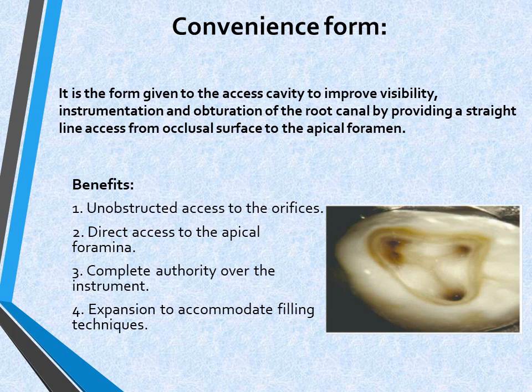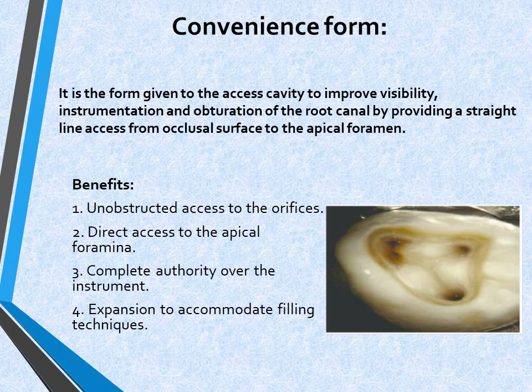So obviously if you are dealing with a tooth which has an apical curvature, you will not be able to gain direct access till the apical foramina. So you should be able to gain direct access at least till the curvature. You should be able to have complete authority over the instrument, as in the instrument should not be bending even before it has entered into the root canal.